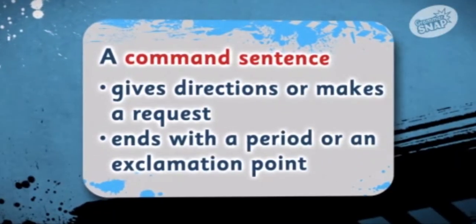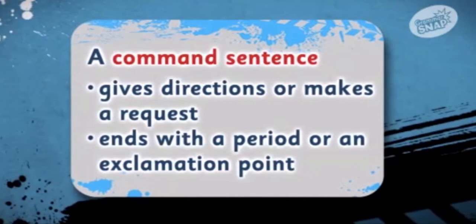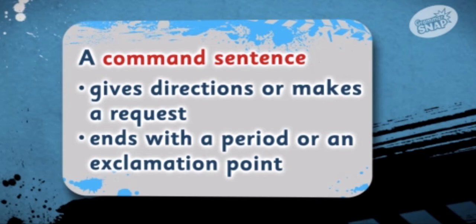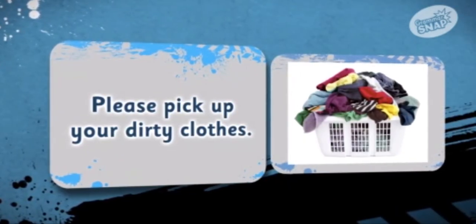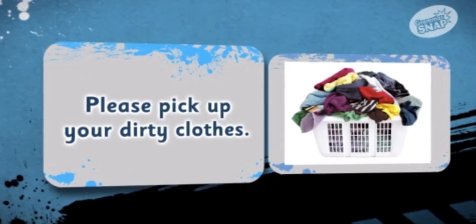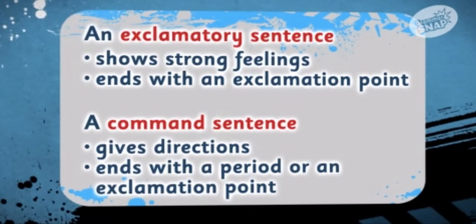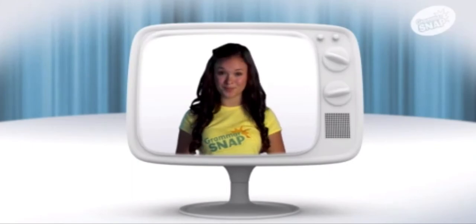A command sentence gives directions or makes a request. They can end with a period or an exclamation point. Very commanding, don't you think? Exclamatory sentences show other people how you feel, and command sentences can help you tell others what you need. Next time you shout, listen to me, or say, please pass the milk, you'll know what kind of sentences you're using. Cool, huh? An exclamatory sentence shows strong feelings, ends with an exclamation point. A command sentence gives directions and ends with a period or an exclamation. Check out Grammar Stop for more.